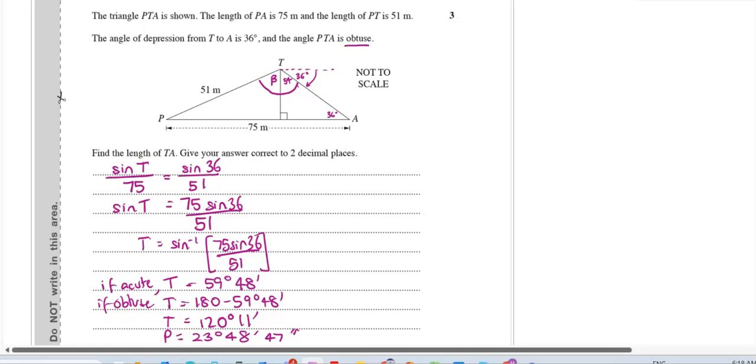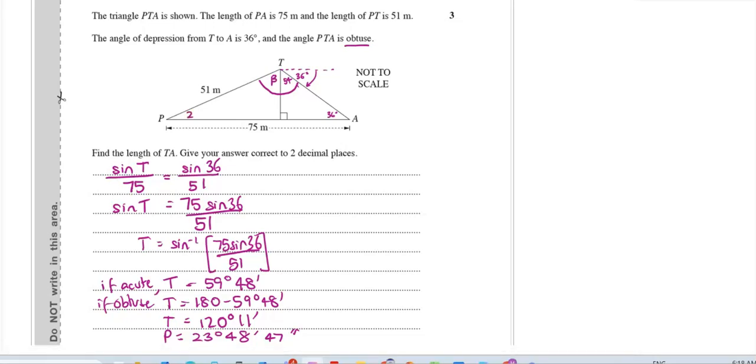Right, so we've got all three angles. So we know that this is 23 degrees and approximately 49 minutes.